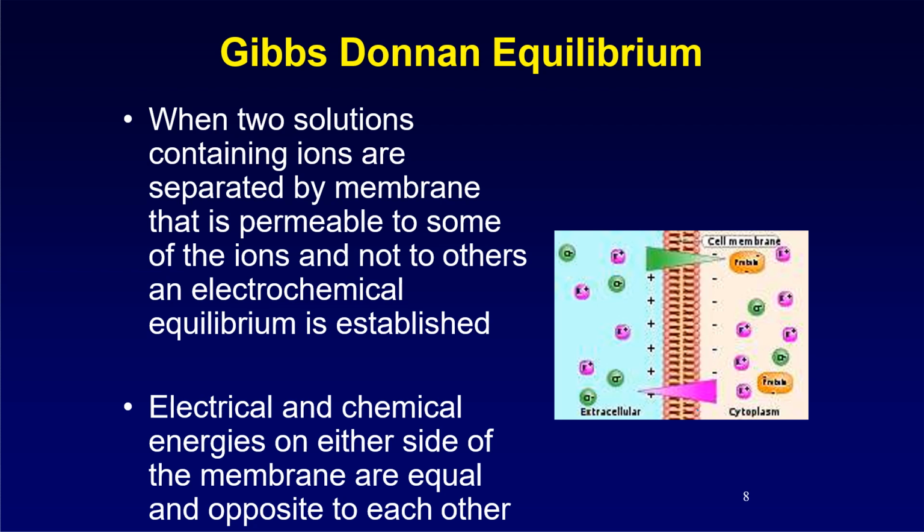So these are the two considerations under Gibbs-Donnan equilibrium: on one side, positive and negative should be equal, and on the two sides, the product of the diffusible ions on one side will be equal to the product of diffusible ions on the other side of the membrane.